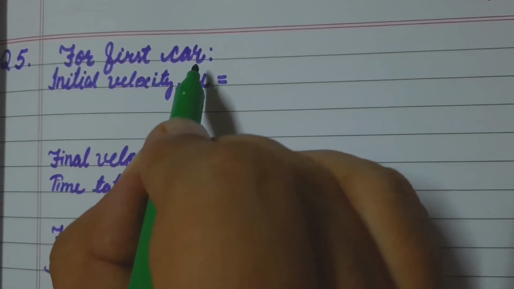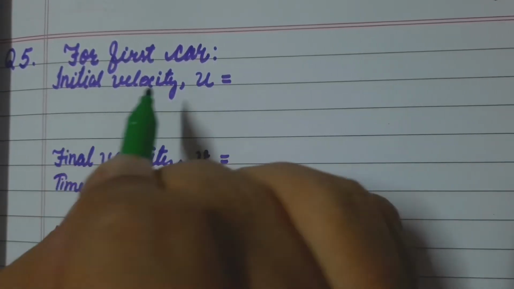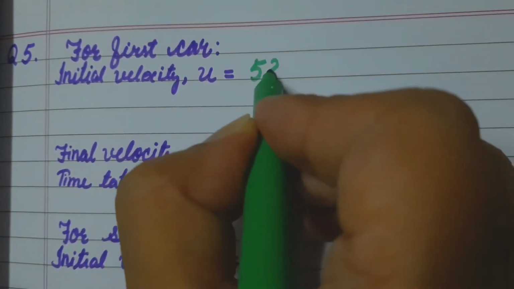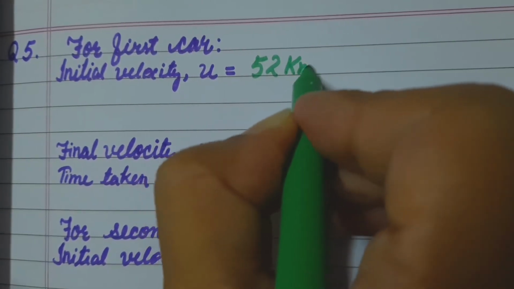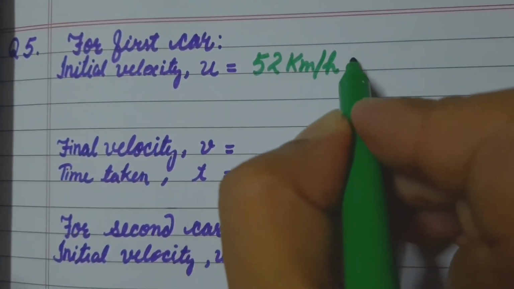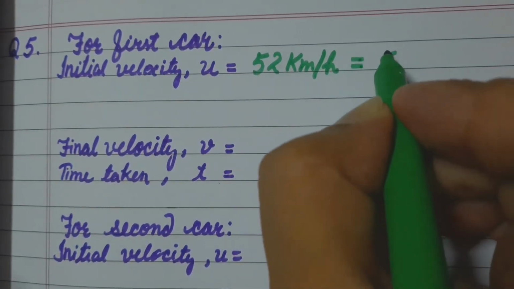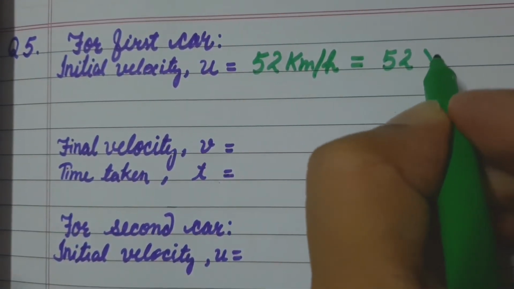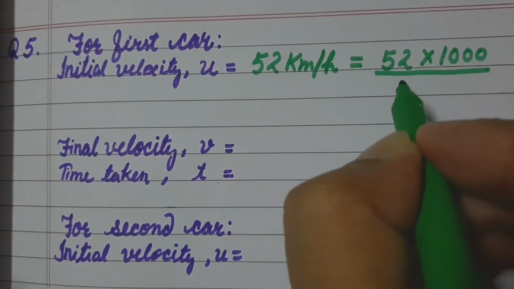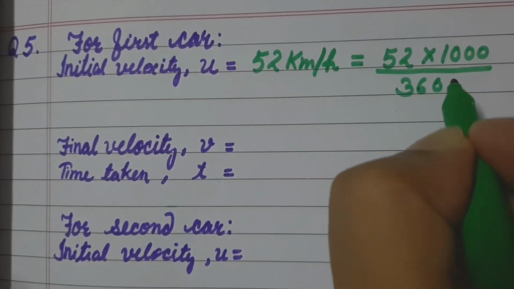For car 1, the first car, initial velocity u is 52 km per hour. We have to convert it into meters per second. 52 multiplied by 1000 upon 3600.